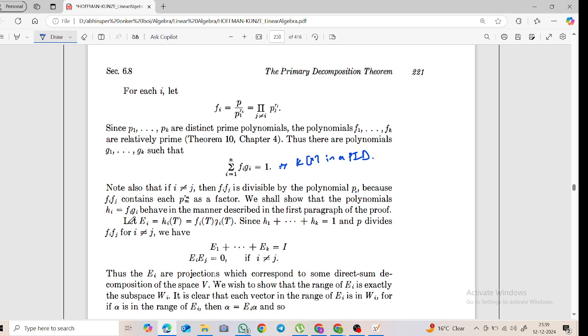We shall show that the polynomial Hi is equal to Fi Gi. Let Ei be Hi(T), that is, Fi(T) Gi(T). Since the summation of H1 to Hk is 1 and P divides Fi Fj, this is true, no?